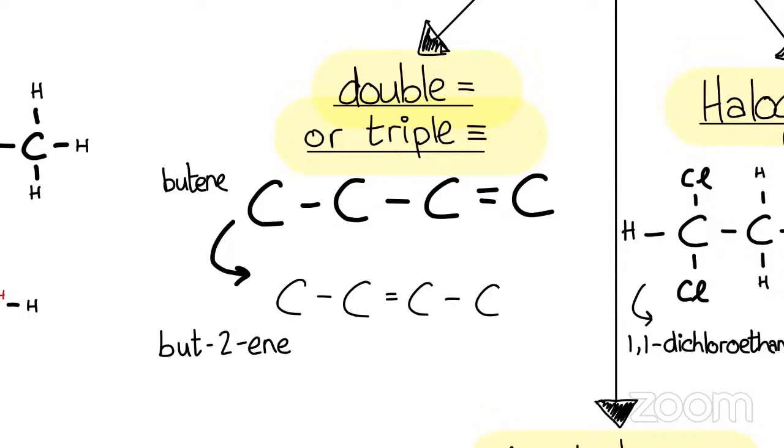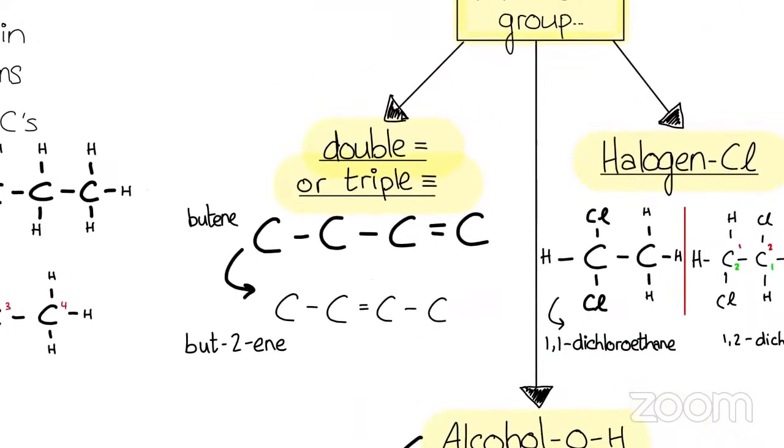So now we have to label it. The IUPAC name is slightly different. It's now but-2-ene. So we say but-2-ene is a positional isomer of butene, because it has the same molecular formula, but its structural formula differs because the position of the functional group is different. So that's an example, and of course it could work using a triple bond as well.